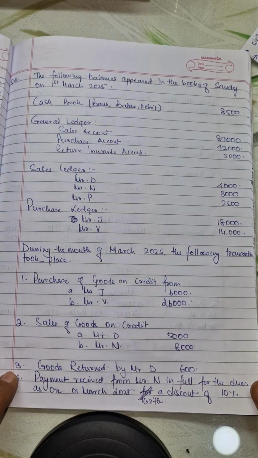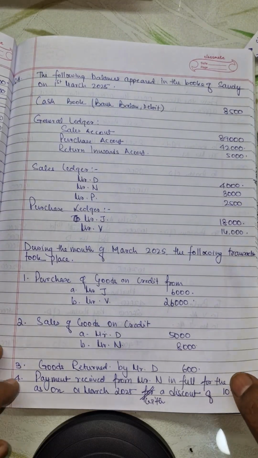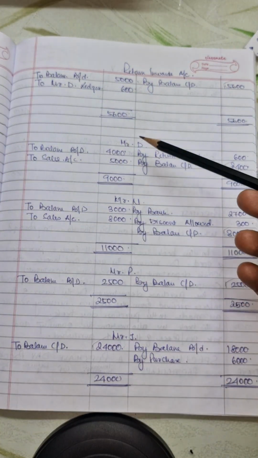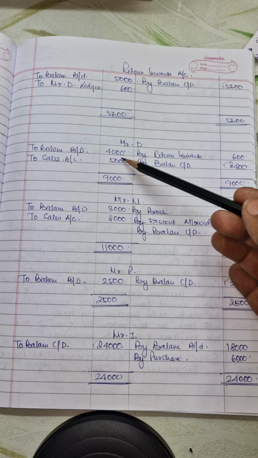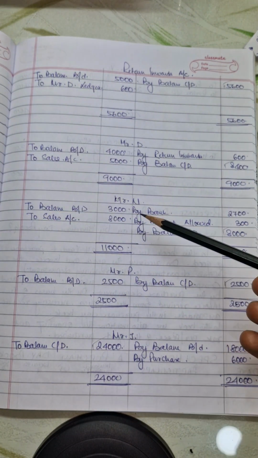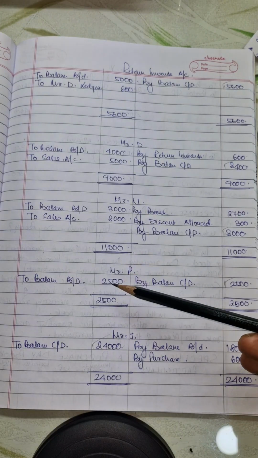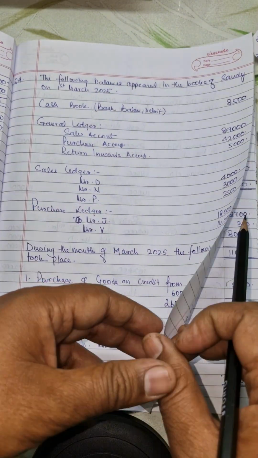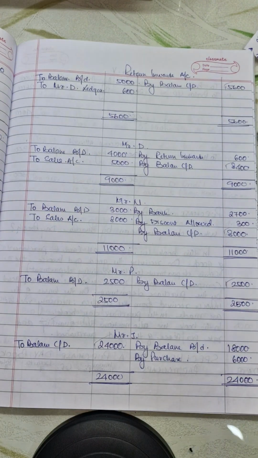Next is sales ledger Mr. D 4,000. Mr. D 4,000. Mr. N 3,000. Mr. P 2,500. And here we have return inwards account. What do you mean by return inwards?